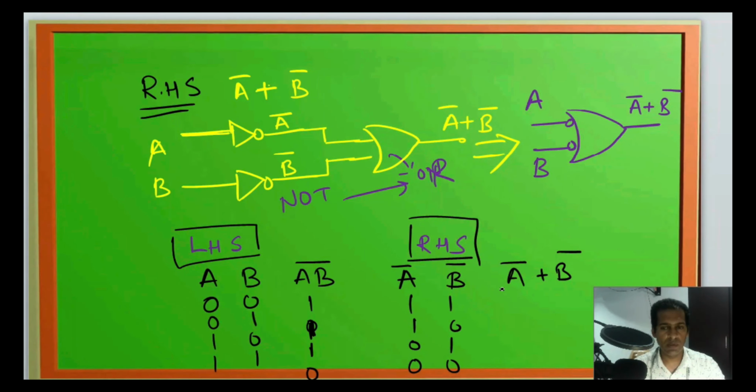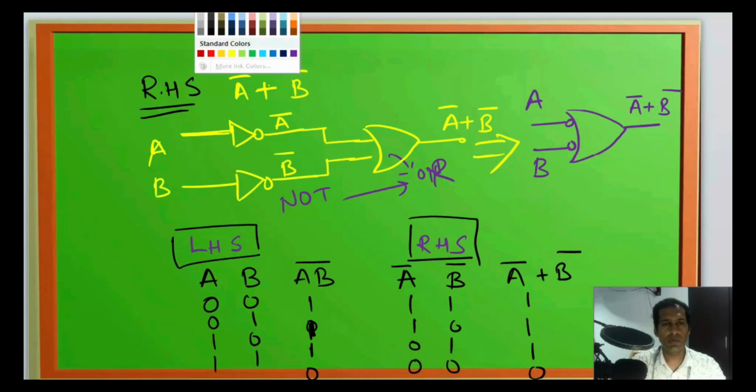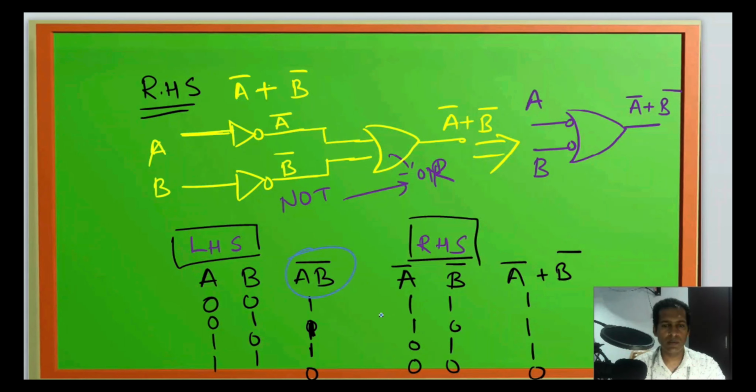Then the addition of these two gives 1, 1, 1, and 0. So the output of (AB) bar is 1, 1, 1, 0, and A bar plus B bar is also the same, 1, 1, 1, 0. So LHS is equal to RHS.